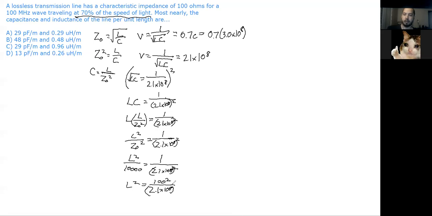So literally all we need to do to figure out what the inductance is, is square root everything. And 100 squared divided by the wave's velocity squared, it's perfect. It's just 100 divided by 2.1 times 10 to the 8th.